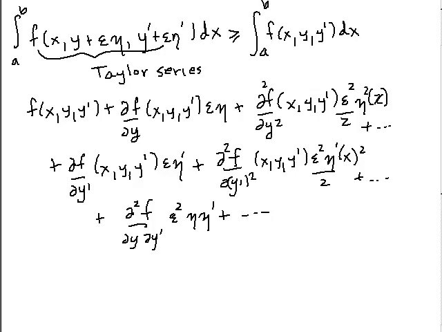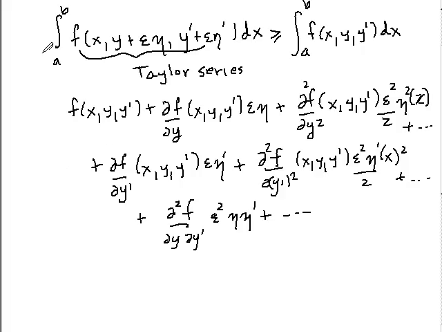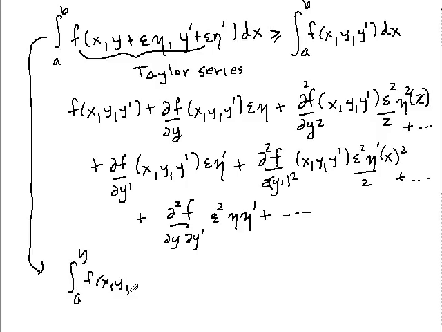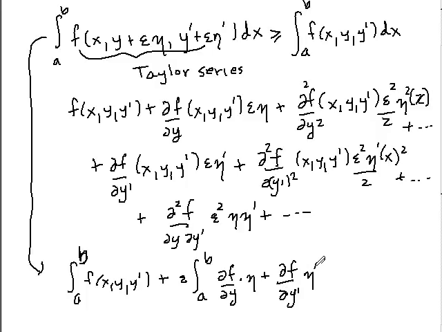Now I can write this integral, therefore, as the integral of f of x, y, and y prime plus a term involving epsilon. Then I have from a to b, df dy times eta plus df dy prime times eta prime.